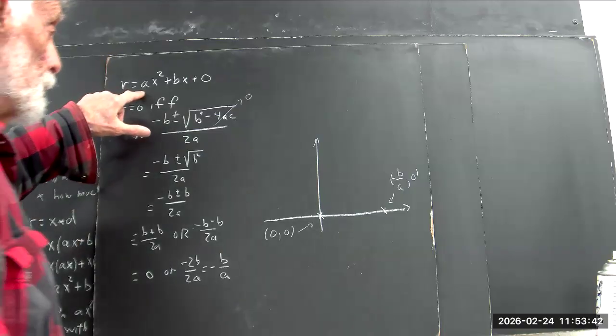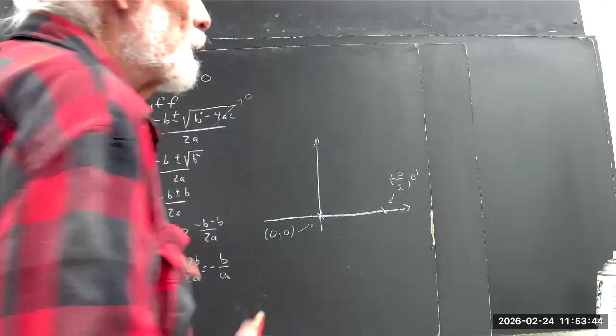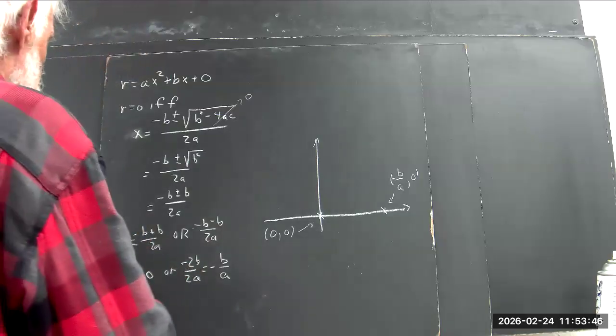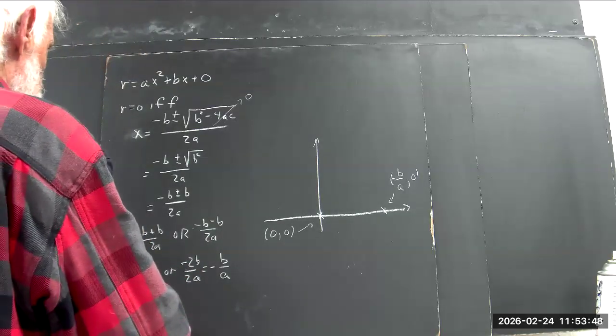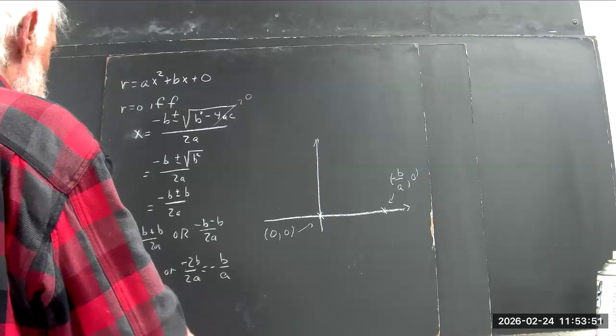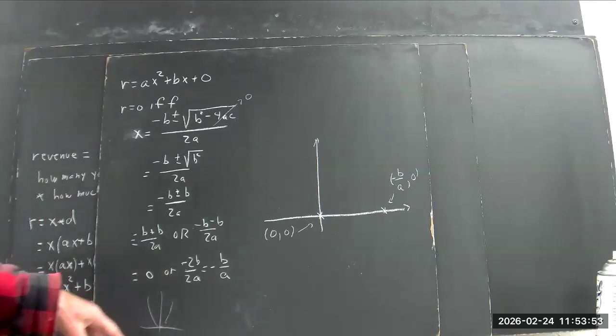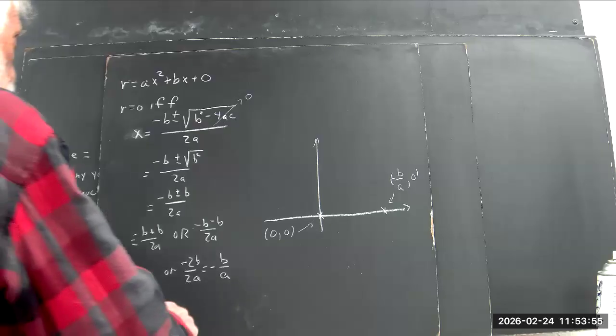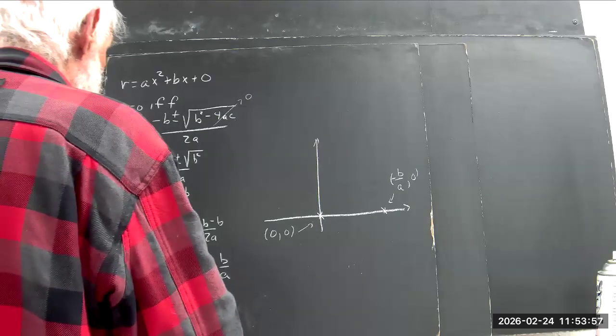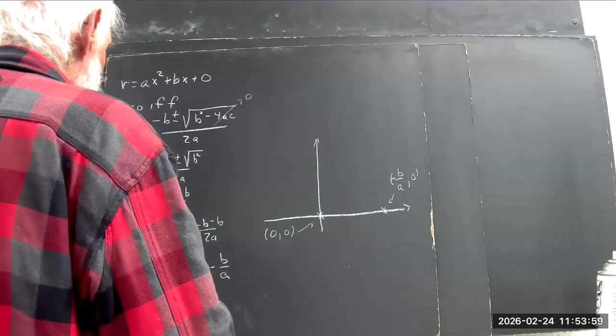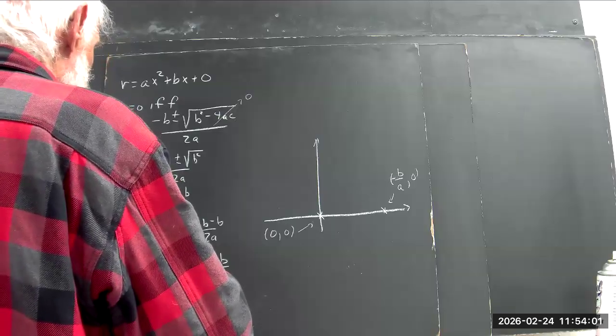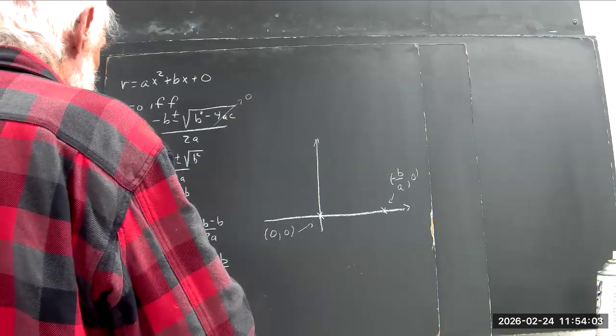Okay, since a is less than 0, if you go back to transformations, you start out with the toolkit parabola, toolkit squaring function, and then maybe you vertically stretch it by factor a.